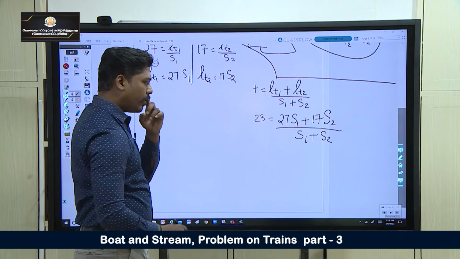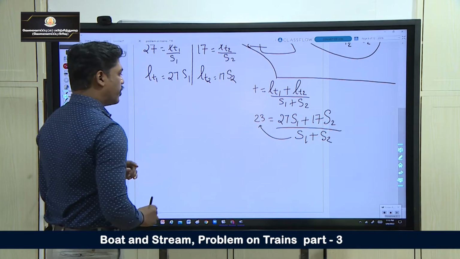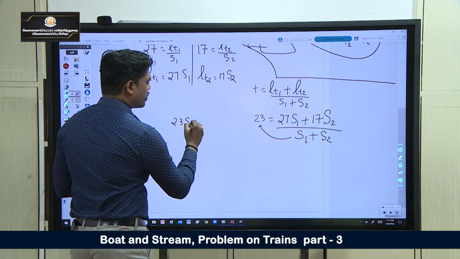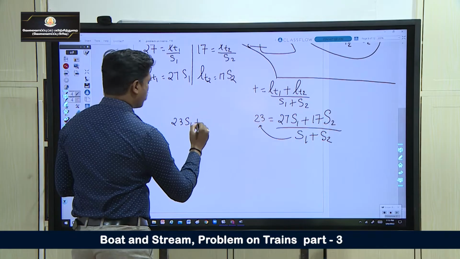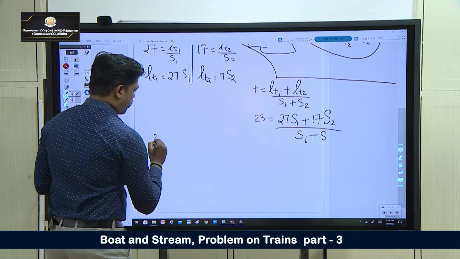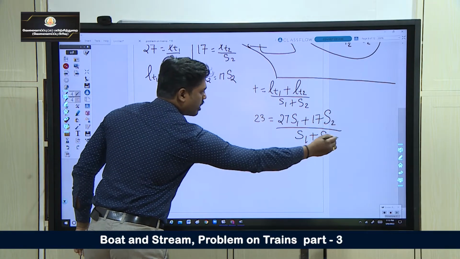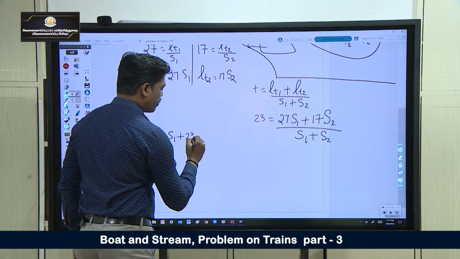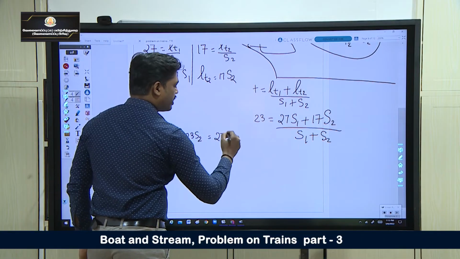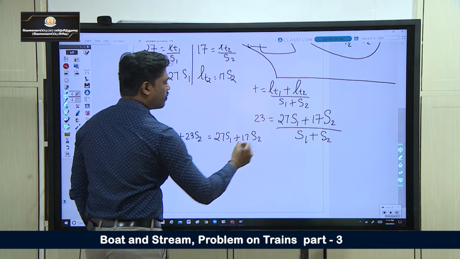So, what can we do here? Just multiply this value here. You would be getting 23 S1 plus 23 S2 is equal to 27 S1 plus 17 S2.